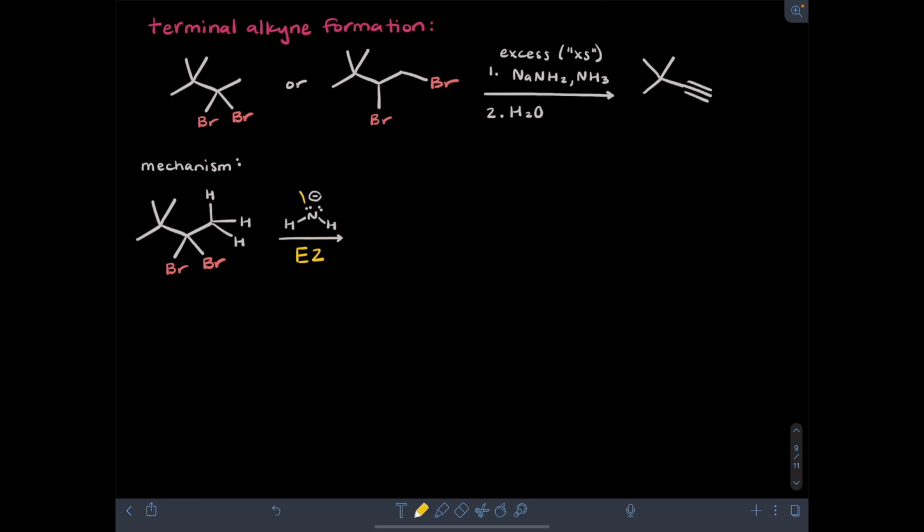So I'll bring in the base, form the pi bond, and kick out one of the bromide leaving groups. The carbon on the right still has 2 hydrogens attached to it, and the carbon on the left of the alkene has the tert-butyl group and a bromine attached to it.